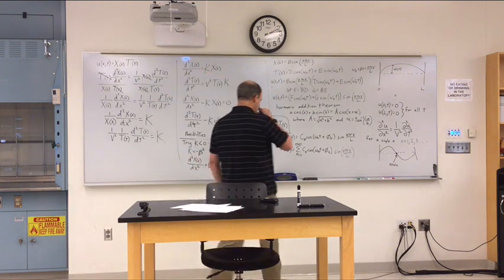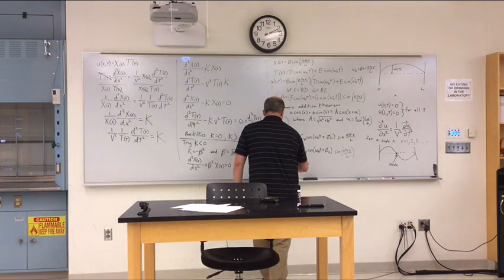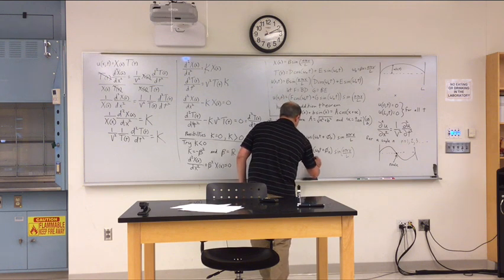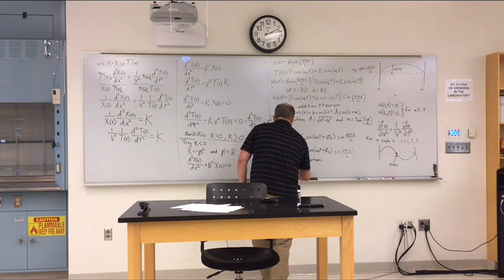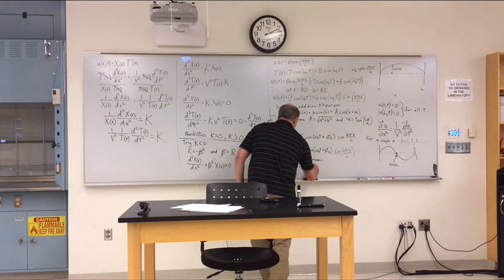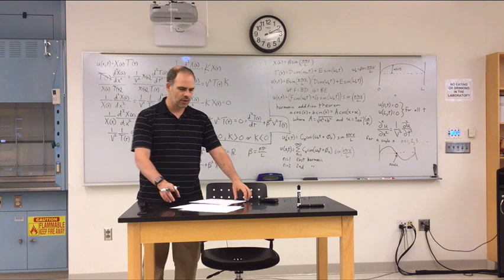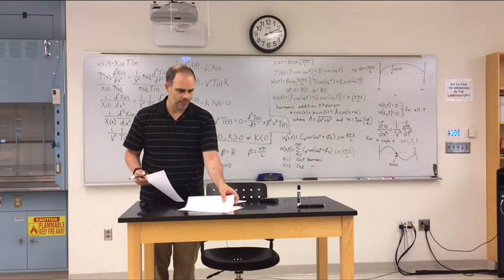So, a couple terms: when n is equal to 1, that is called the first harmonic. n equaling 2 is the second harmonic, and n equals 3 is the third, and fourth, and fifth, and sixth, and seventh, and so forth.